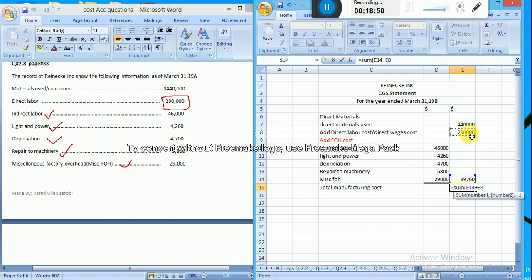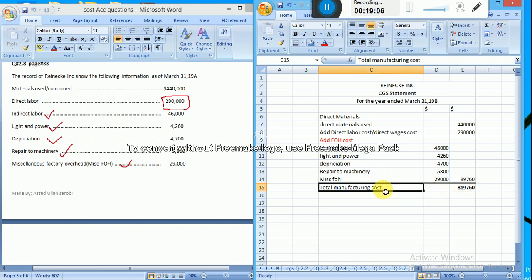So 8,19,760 is my total manufacturing cost.